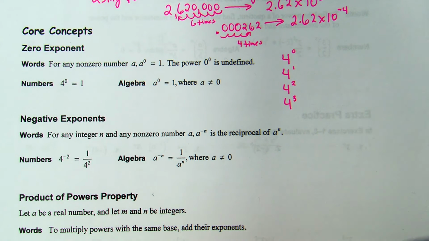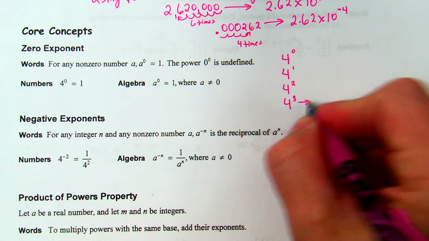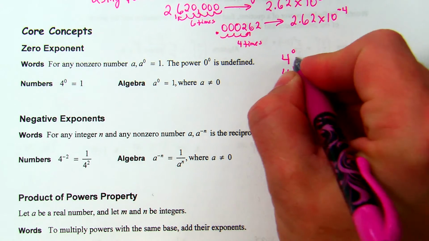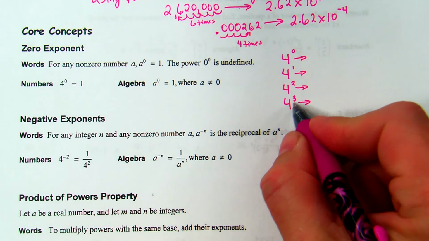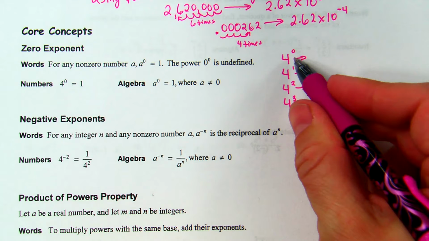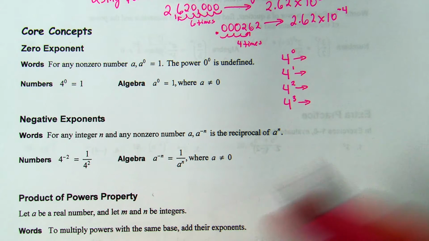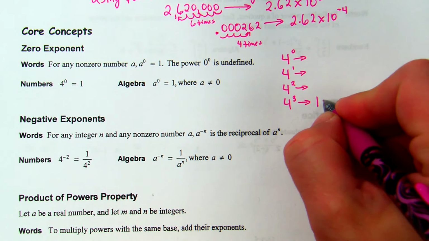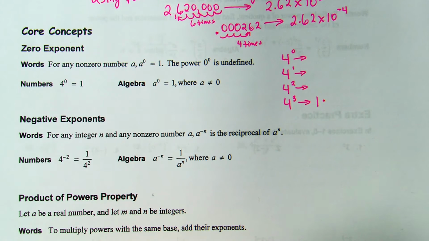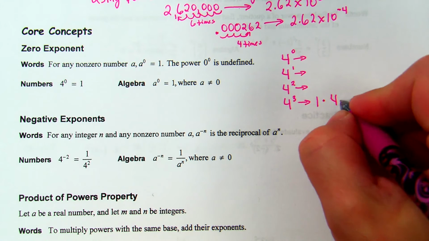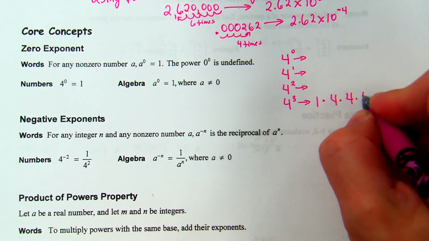So if you're thinking about that and you apply that rule, that 1's always involved, and you have 4 to the 3rd power. I'm going to go backwards and get back to 0, and hopefully the concept starts to reveal itself here. If I'm listing the factors of this answer, I'm going to have 1 times 4 times 4 times 4.